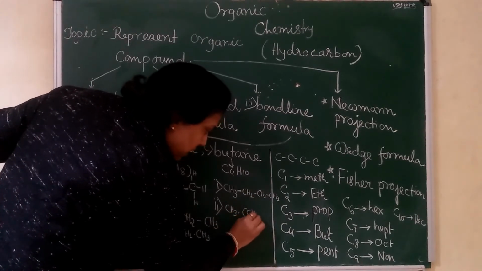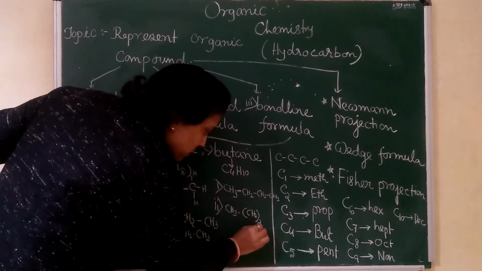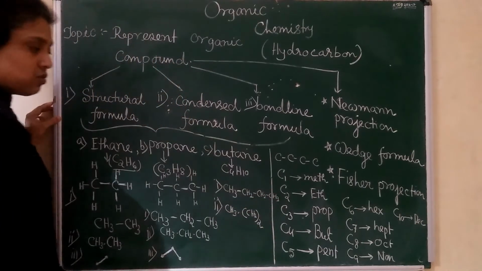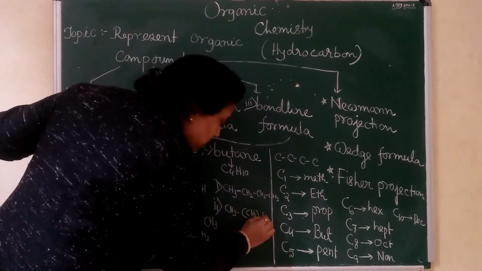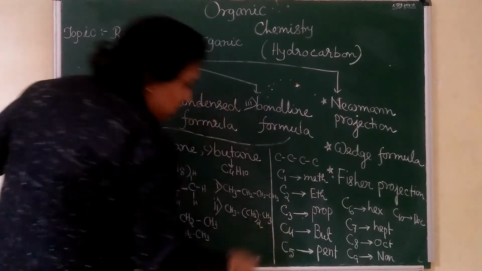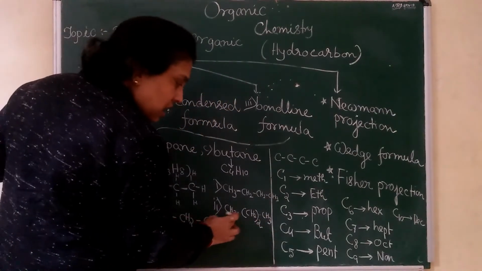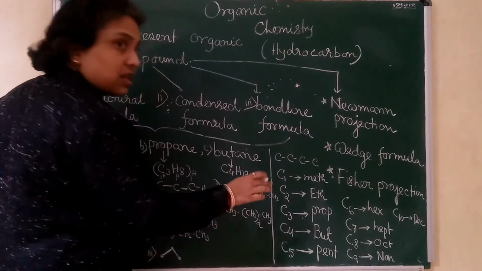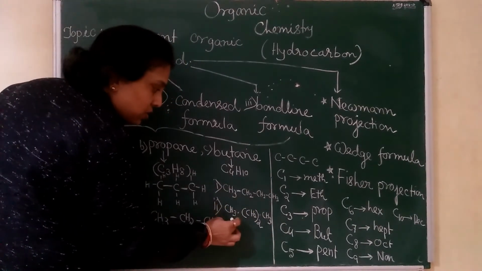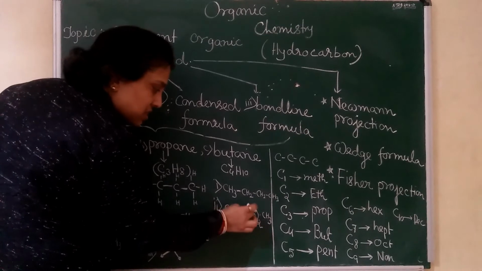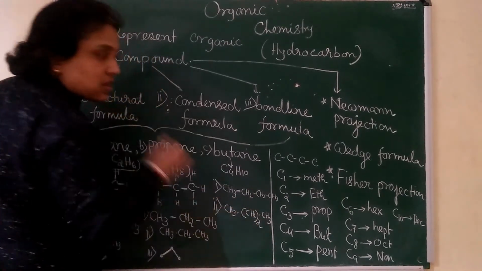So in brackets CH2 twice, means 2 times CH2, dot CH3. Now you may think, here also CH3, why not CH3 here? If you write CH3 whole 2, that means this carbon contains 2 CH3 bonds.